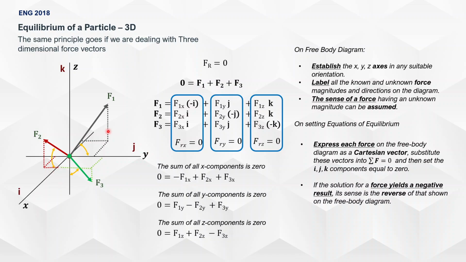Remember, if it goes this way, it's the negative x-axis, so that's negative i. This one has x, y, z, so we have the y as well, it's positive, and the z is positive as well. Then the summation of the resultant x, y, z components is equal to 0. From here, you can establish equations. There are three equations, and usually you're given a weight.